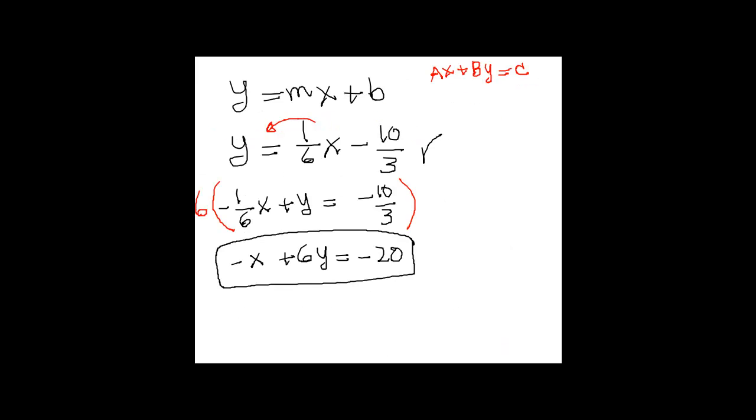Okay. Can I see a check mark next to your name if you can follow both methods for writing the equation of the line, using slope-intercept or slope-point formula? Kevin? Okay.